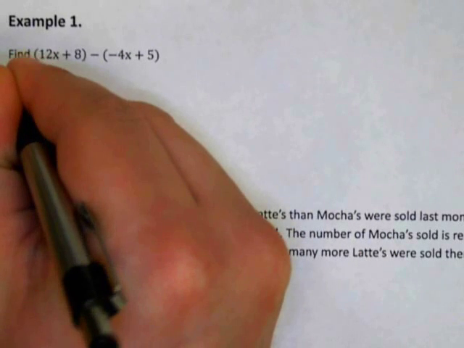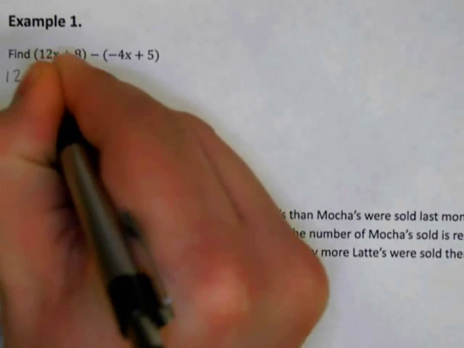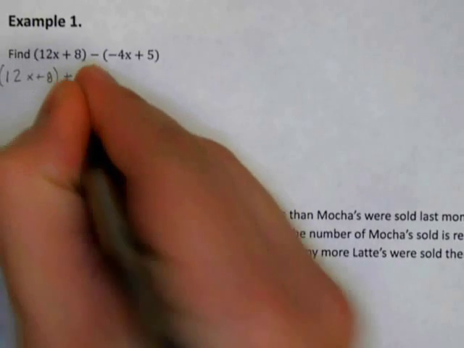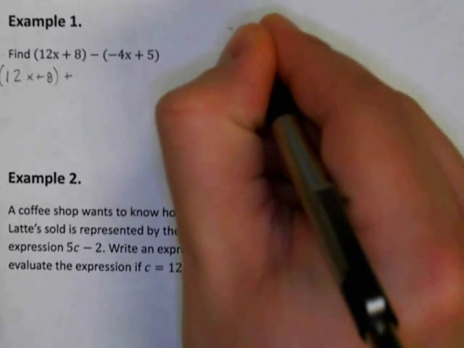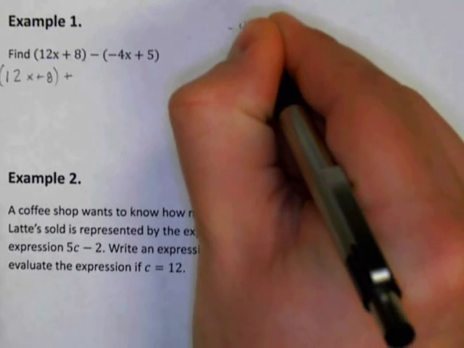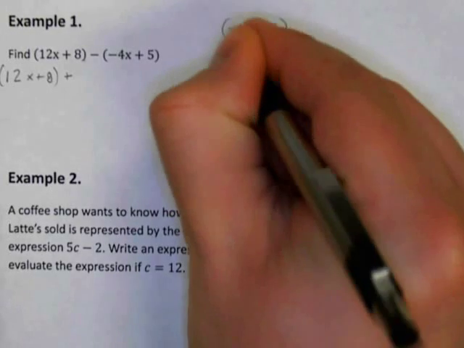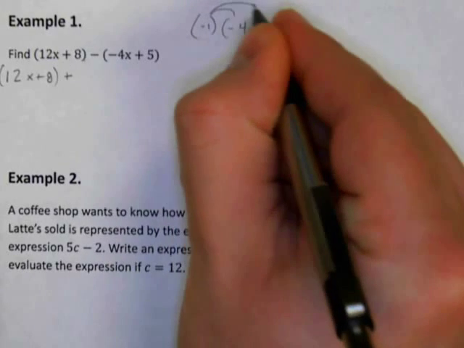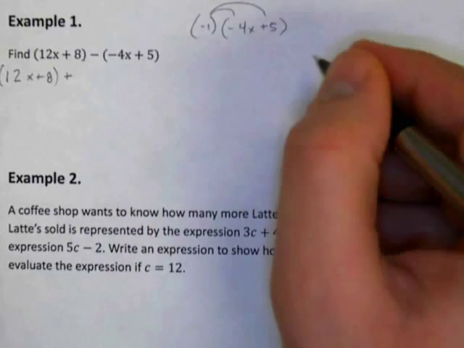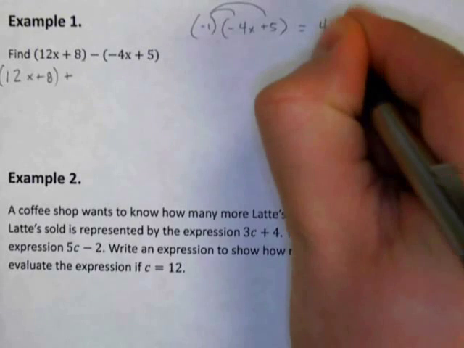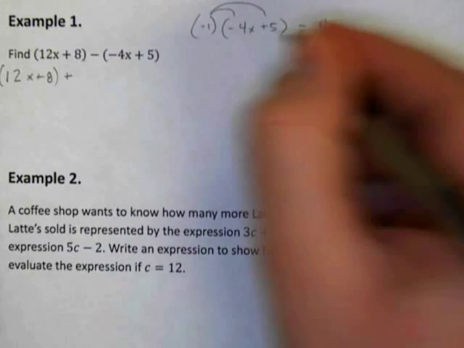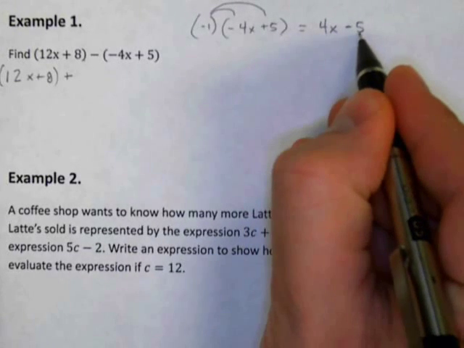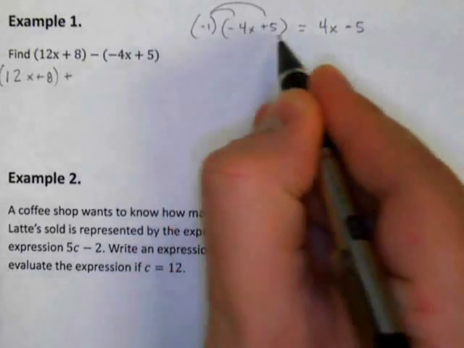So I'm going to rewrite this whole problem as 12x plus 8, and I'm going to add to it -4x plus 5 multiplied by -1. I distribute that -1 throughout: -1 times -4x is equal to 4x, and -1 times +5 is -5. Okay, so 4x minus 5 is the additive inverse of -4x plus 5.